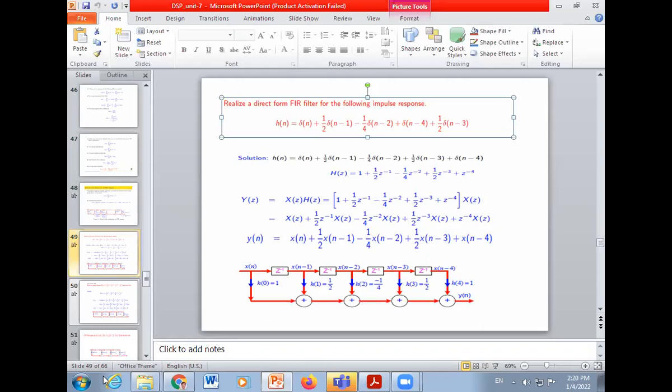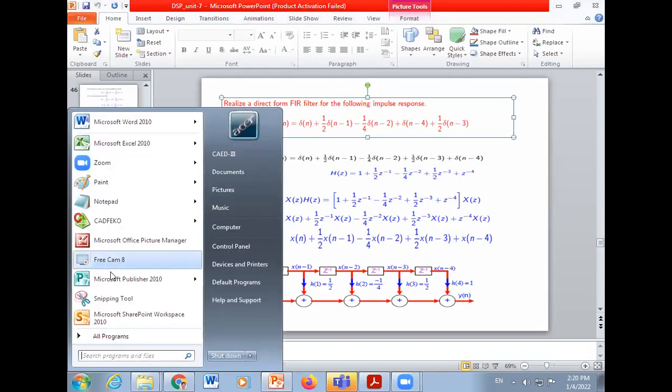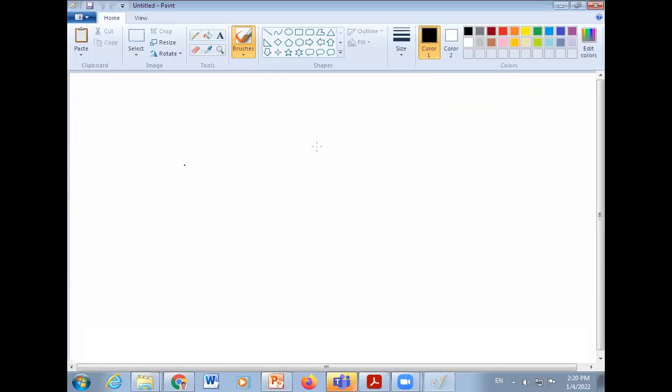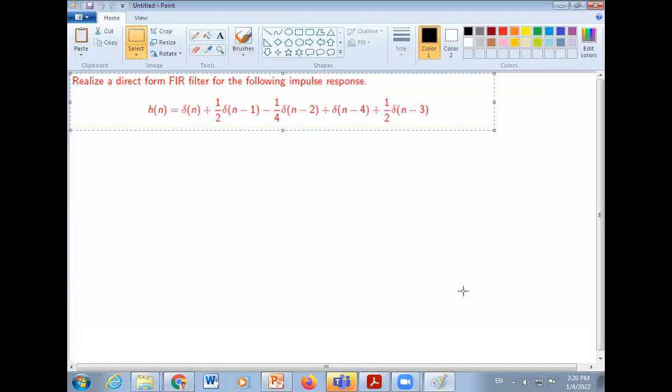So let us solve this. Please note down this question. Realize a direct form FIR filter for the following impulse response. Noted. This is the question. Now let us write a solution for this.